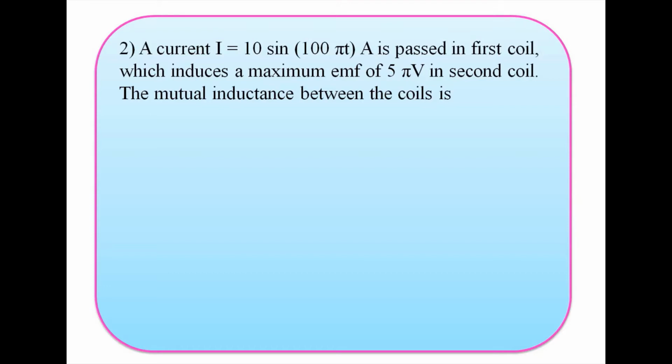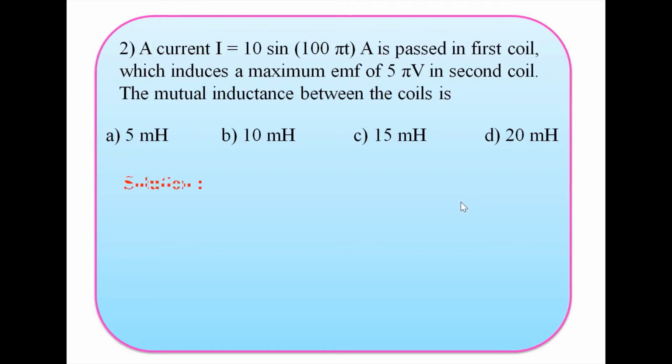The mutual inductance between the coils is, and the options are: option A is 5 millihenry, option B is 10 millihenry, option C is 15 millihenry and option D is 20 millihenry. So let's see the solution.